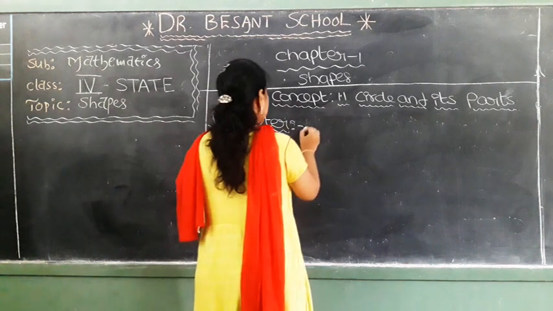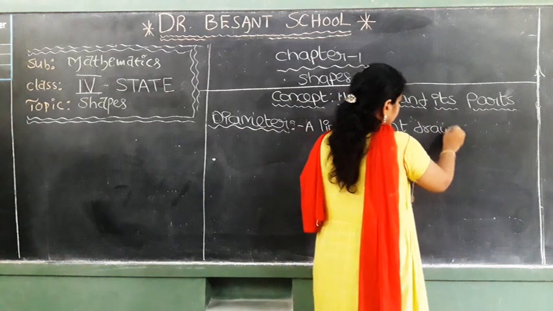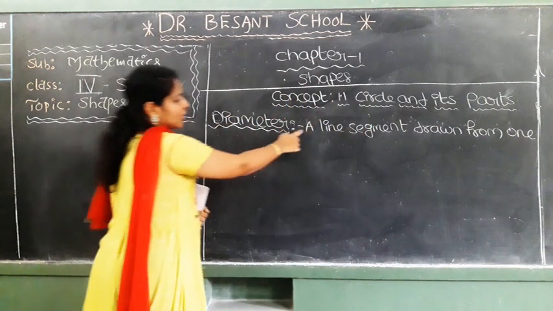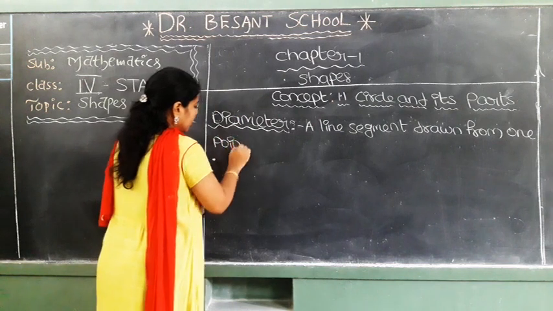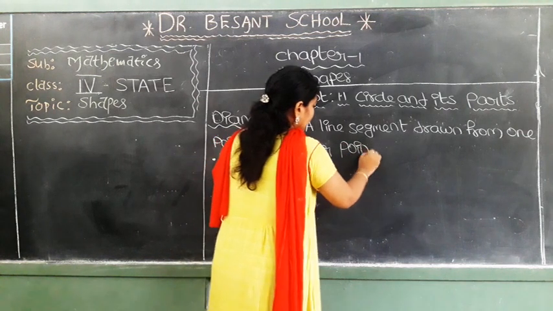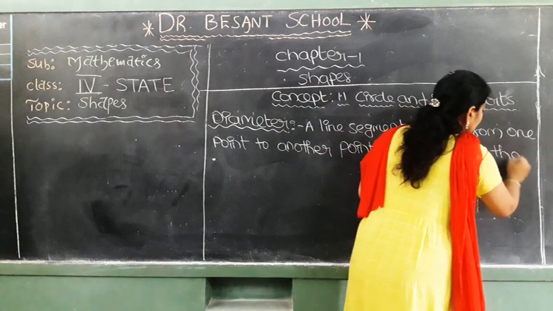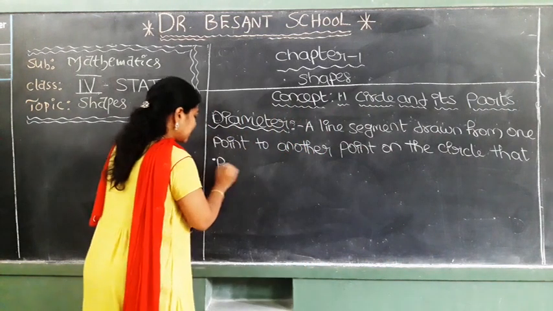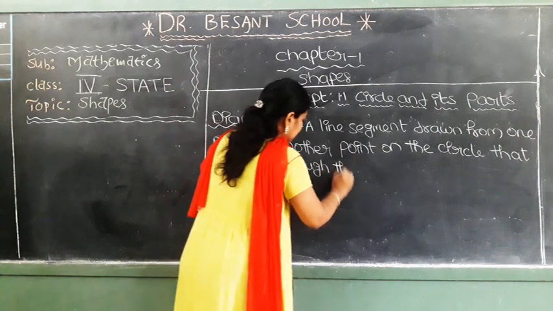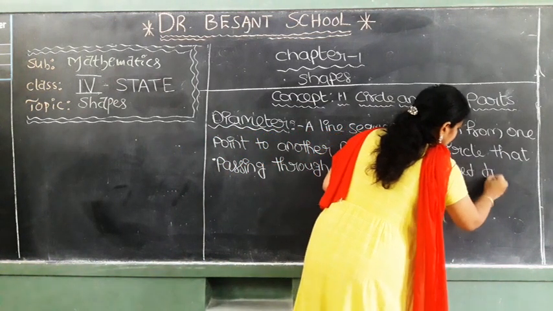That one only we have to write down now. A line segment drawn from one point to another point on the circle that passes through the center is called diameter.